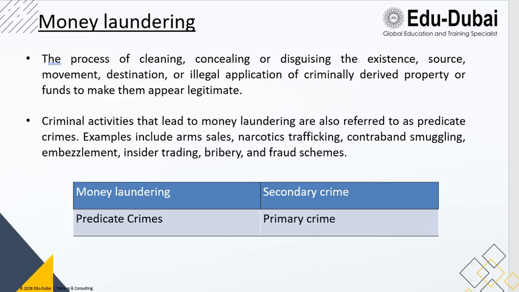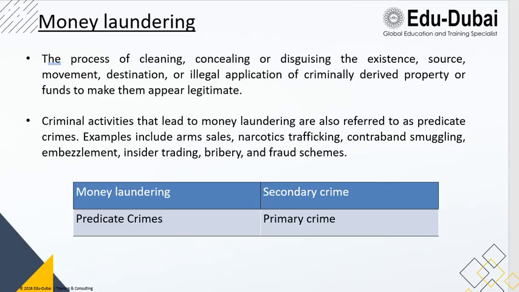Cleaning means the illicit funds are cleaned. Concealing means if the money is derived from an illegal activity, we are concealing the activity and its source. And disguising the existence, source, movement, destination, or illegal application of criminally derived property or funds to make them appear legitimate. So that's it.